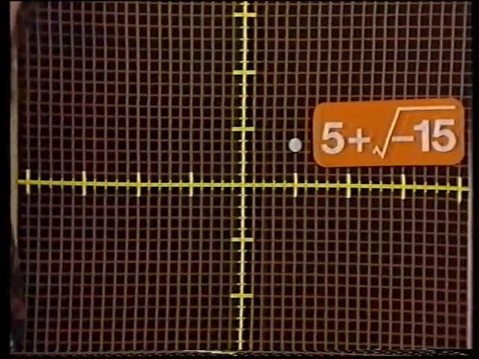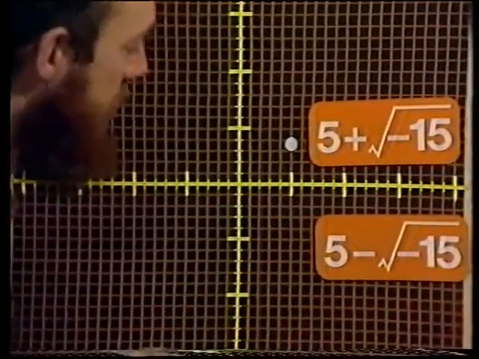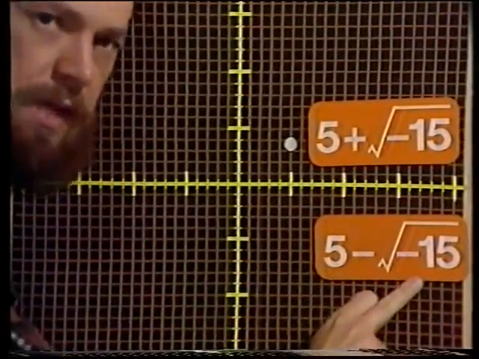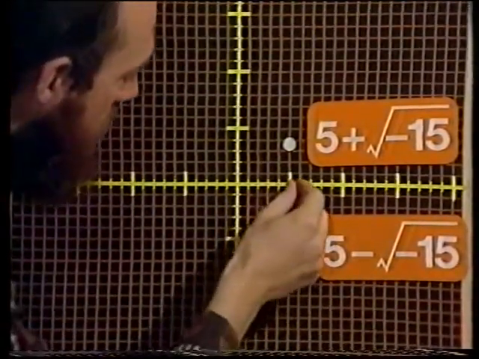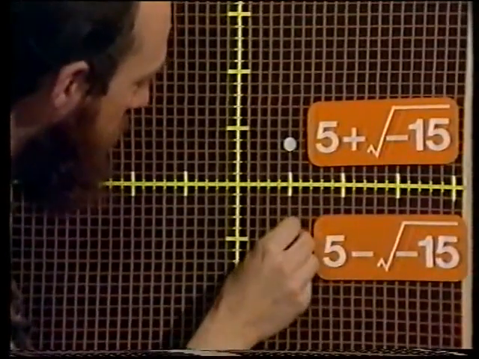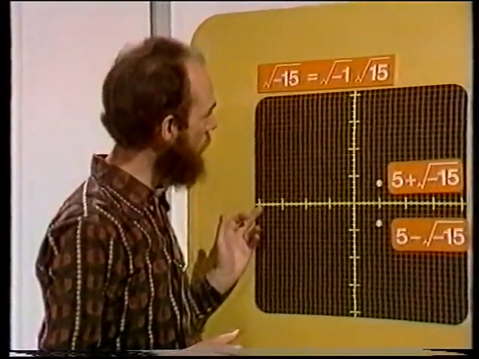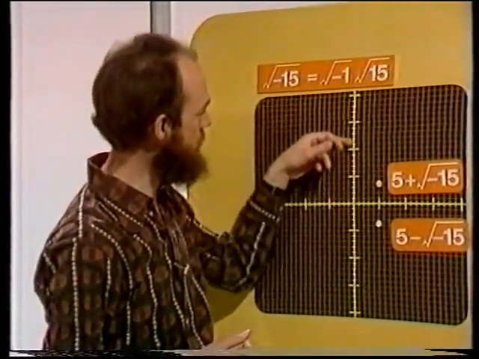And what about 5 minus the square root of minus 15? What about this? Well, in the same way, 5 for the first member of the pair, root 15 for the second member of the pair, but I go down now because of this minus sign, 5 along and root 15 units down to there. So that's my picture. I can put the ordinary real numbers along here and the new mysterious parts of the numbers up here.